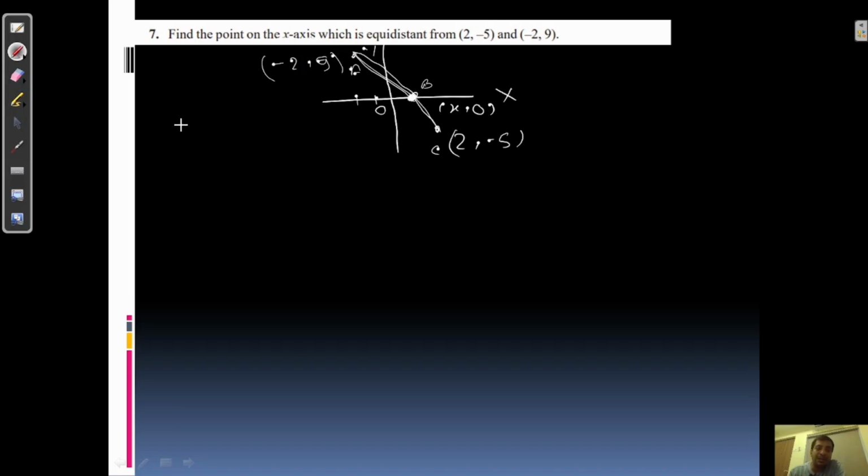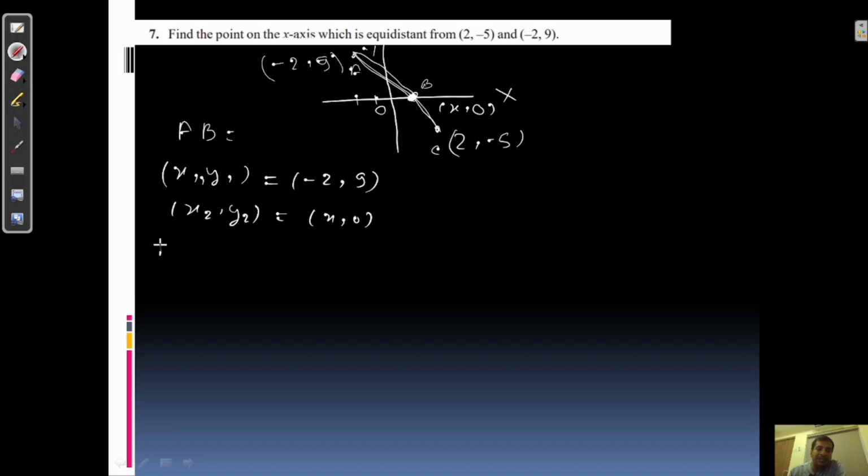So first look at the figure. We are going to find AB. Okay, so for AB, now I am writing it. Let us say x1, y1 is (-2, 9), and let us say x2, y2 is (x, 0).